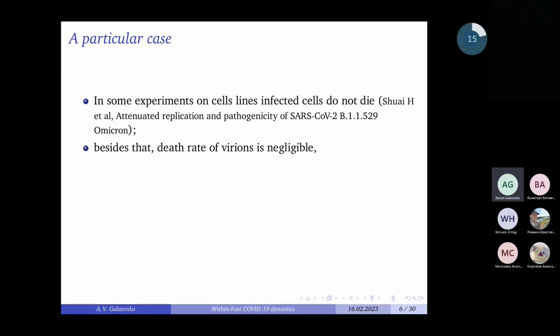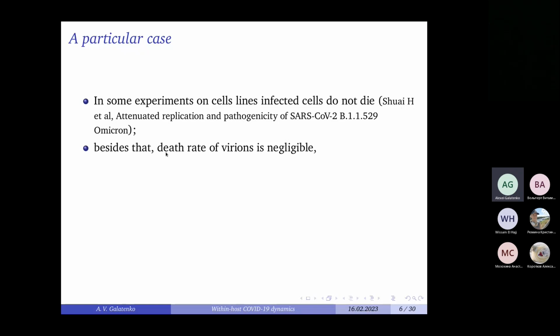Right, let's move on. In some experiments on cell lines, it was noticed that infected cells do not die. There is a link to the paper describing the experiment where the number of alive cells was measured, and this number was basically constant.